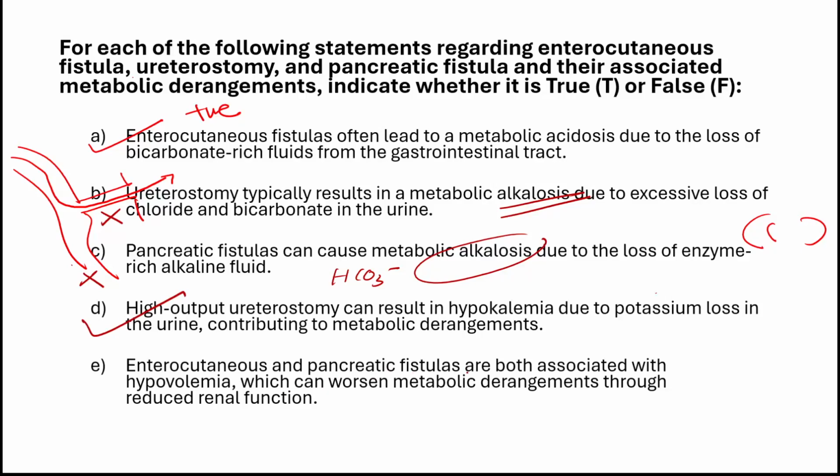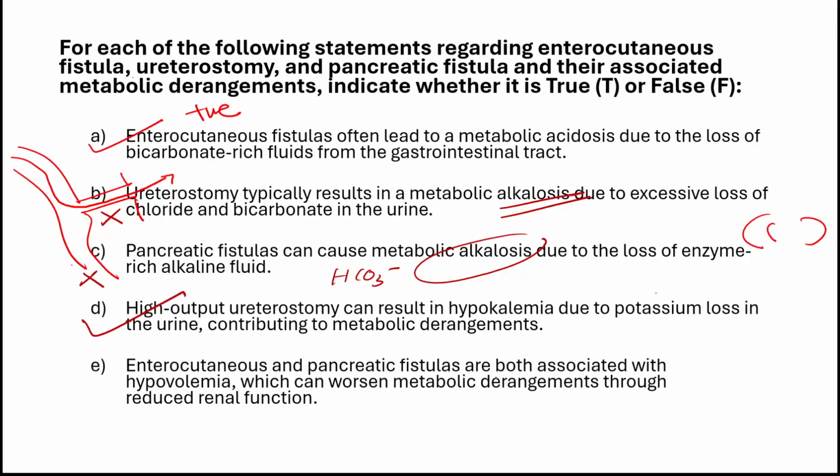Intracutaneous and pancreatic fistulas are both associated with hypovolemia, which can worsen metabolic derangements. Now there's a separate entity which is known as the volume contraction and the renal compensation.